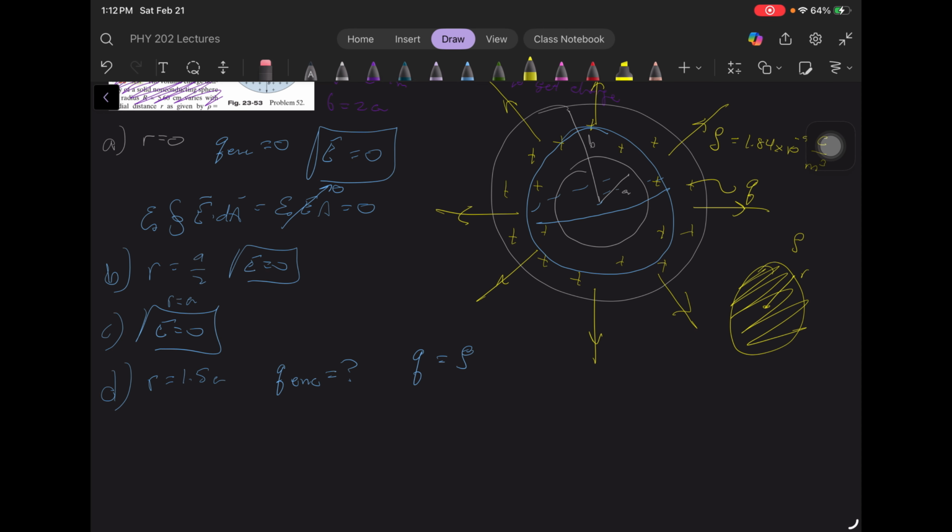But here what we have is all the charge in an outer sphere, and then we have kind of a hollow core. And so if we have to multiply by the volume occupied by this charge, what we would do is have this be the total volume minus the volume of that hollow core.